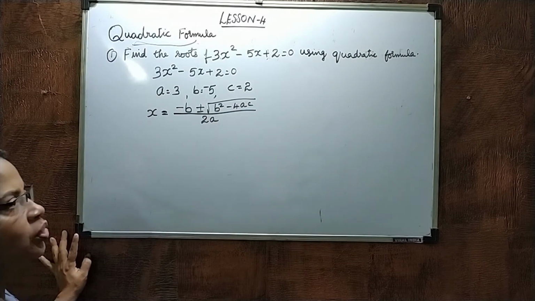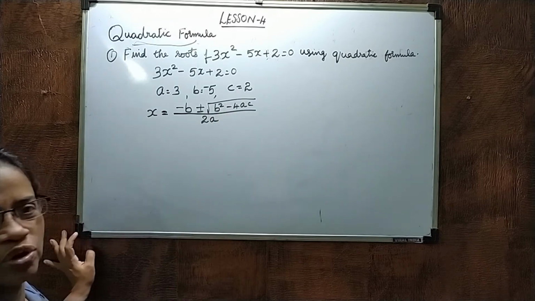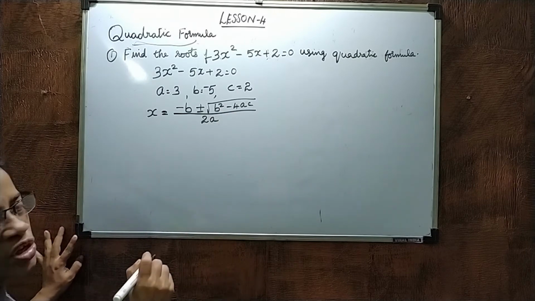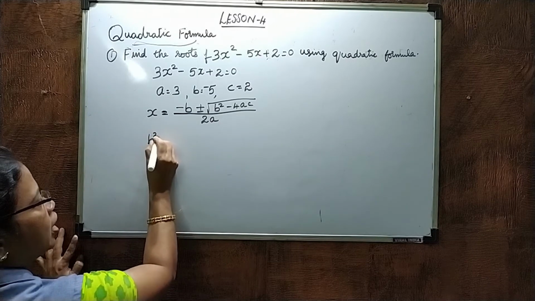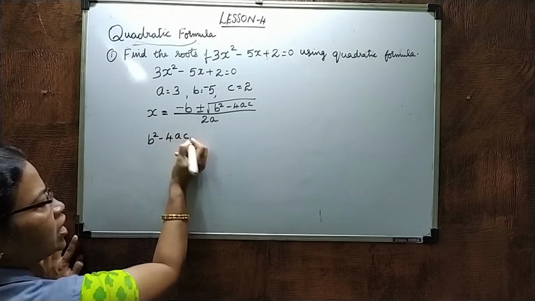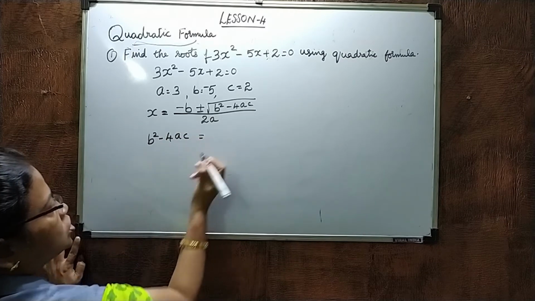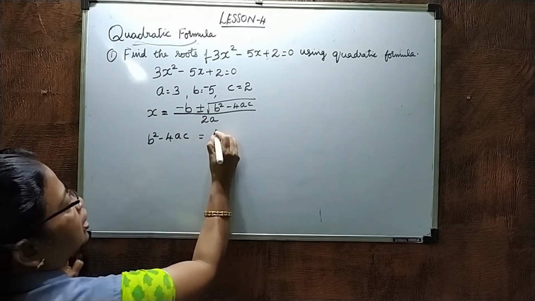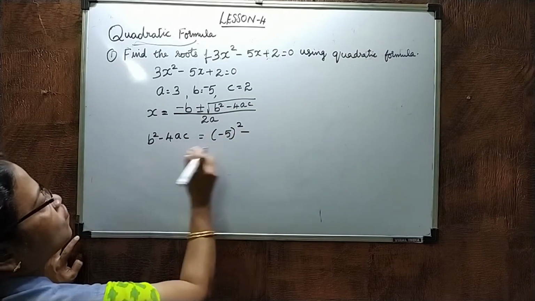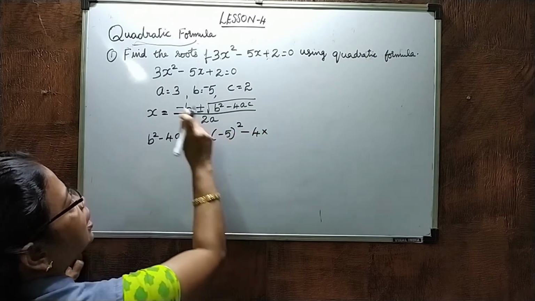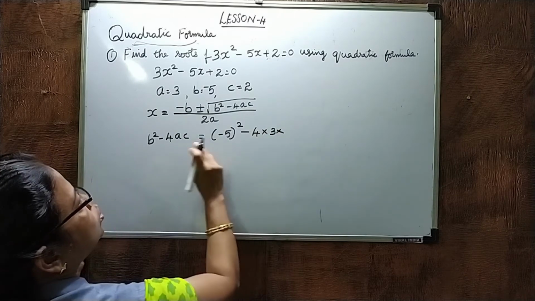Now what you are going to do is we will find out this b square minus 4ac first. What is that called? It is D. So to find out b square minus 4ac, or you can write D also, no problem. So b square, what is b? It is negative 5 square minus 4 into a is 3 into c is 2.